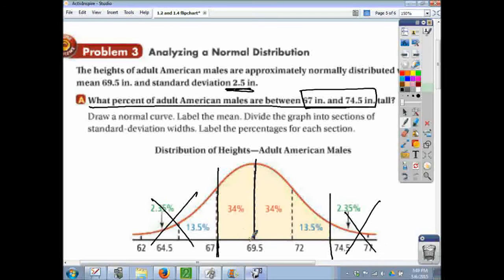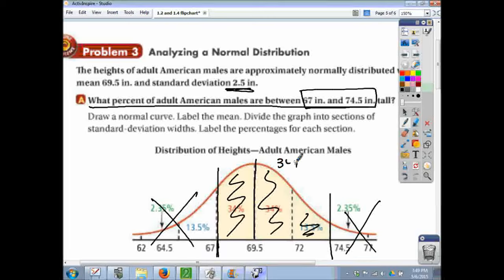34% are between 67 and 69.5. 34% are between 69.5 and 72. And 13.5% are between 72 inches and 74.5. So if we add up all these areas here, that would give us the percent of males between the heights of 67 inches and 74.5 inches.